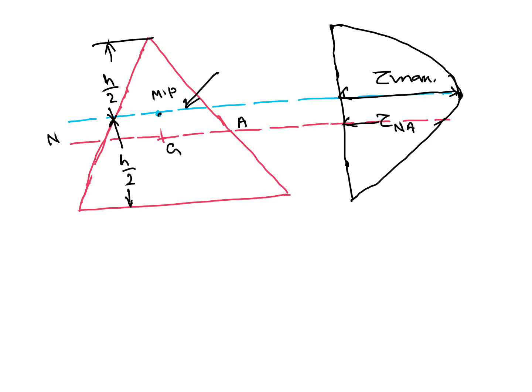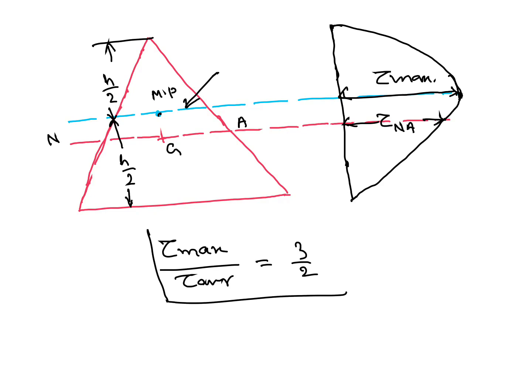And for triangular section, maximum shear stress is not developed at neutral axis, it is developed at midpoint. Tau max by tau average, it's 3/2, same as rectangular cross section, but tau average value is different here.